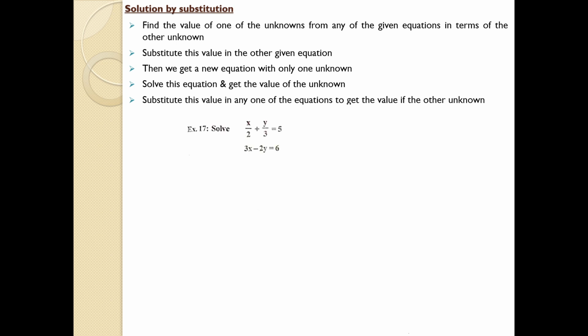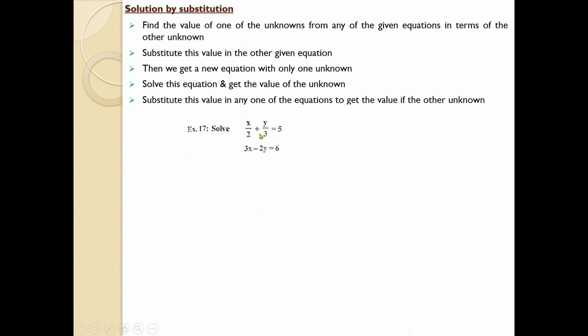Anyway, next question. x by 2 plus y by 3 equal to 5 and 3x minus 2y equal to 6. This is another pattern. The computation and methods followed previously will be followed here also, but the question is quite different. So whenever you come across a question like this, try to bring both the equations into the same pattern.